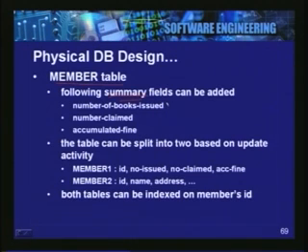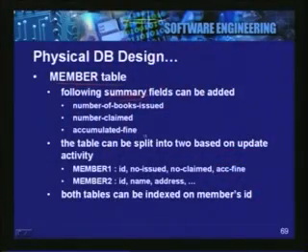Having this data in the member table itself would be very efficient, because we will not have to count the books in the issue file, or count how many books he has claimed in the claim file. These can be directly obtained by accessing the member's data in the member file or the member table. So, keeping these summary data for each member is going to make our issue transaction very efficient.